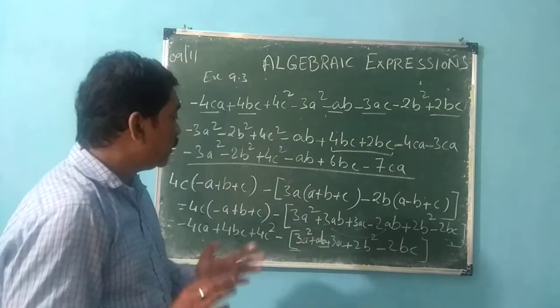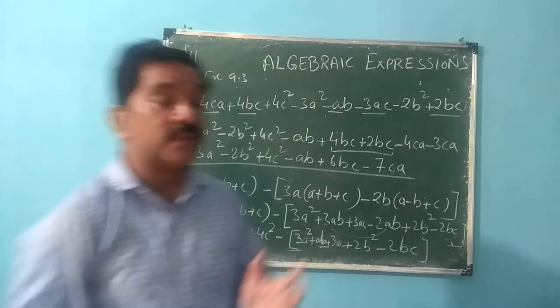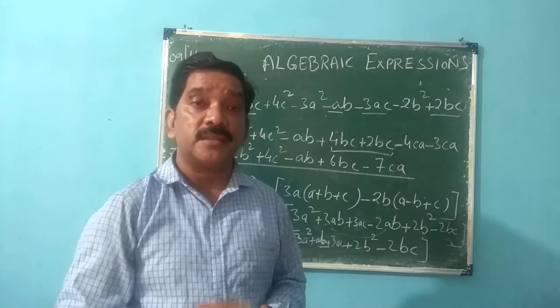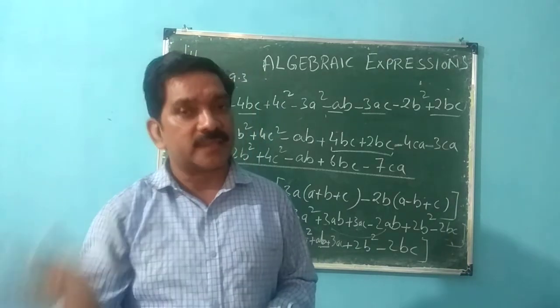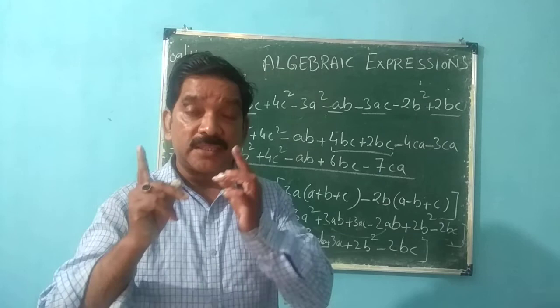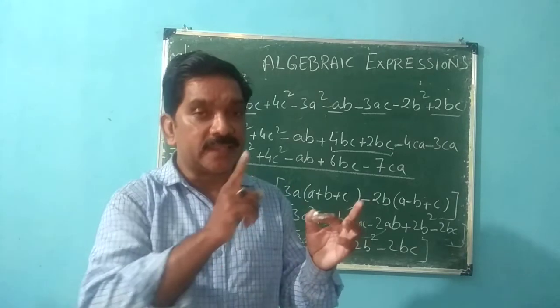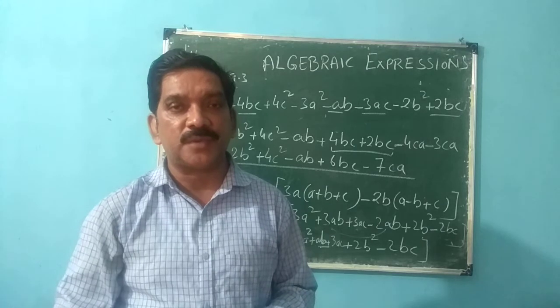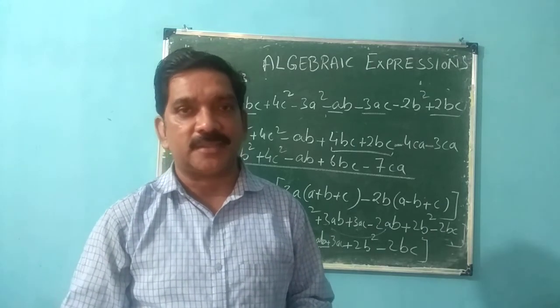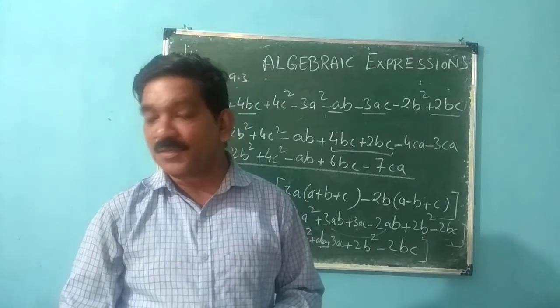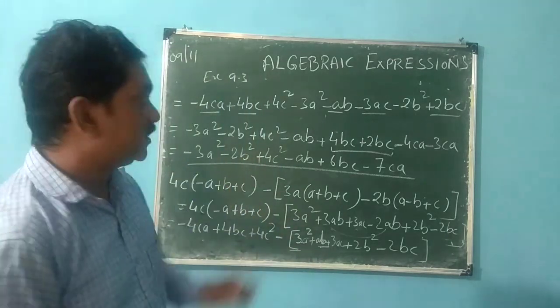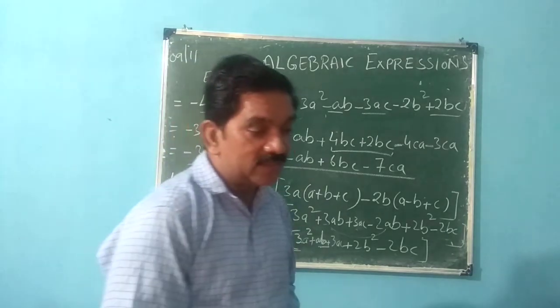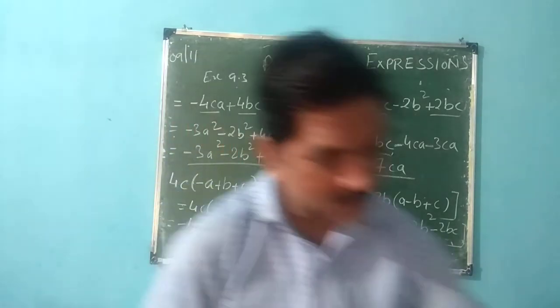So what we are supposed to do is, whenever there is a subtraction, subtract the first term from the second term. So write the second term first, then give minus, then you write the first term, and this is how we have to carry this subtraction. Okay, so this is what we did on subtraction. Let me start the next exercise.